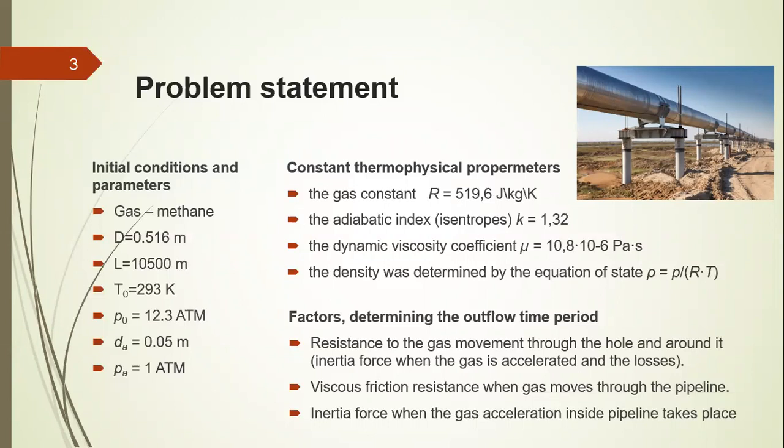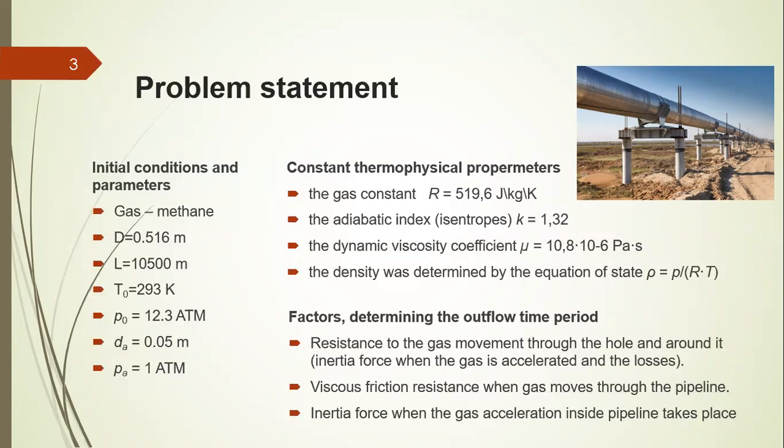For clarity, the example includes the characteristics of methane, which is considered as a perfect gas with constant thermophysical properties.